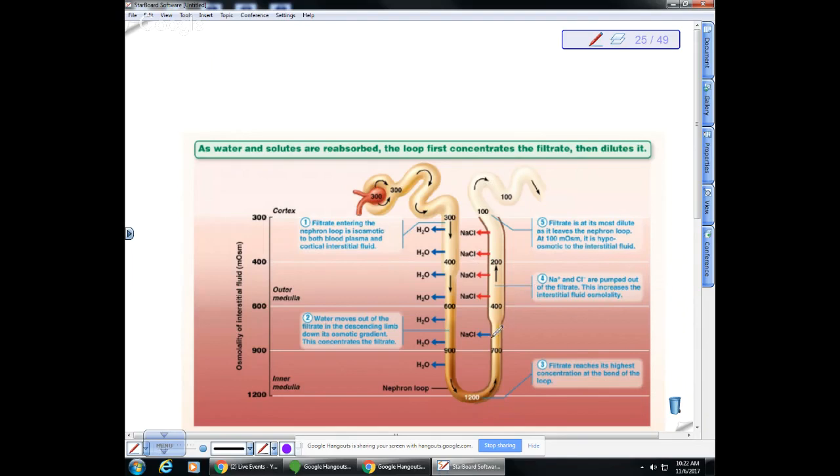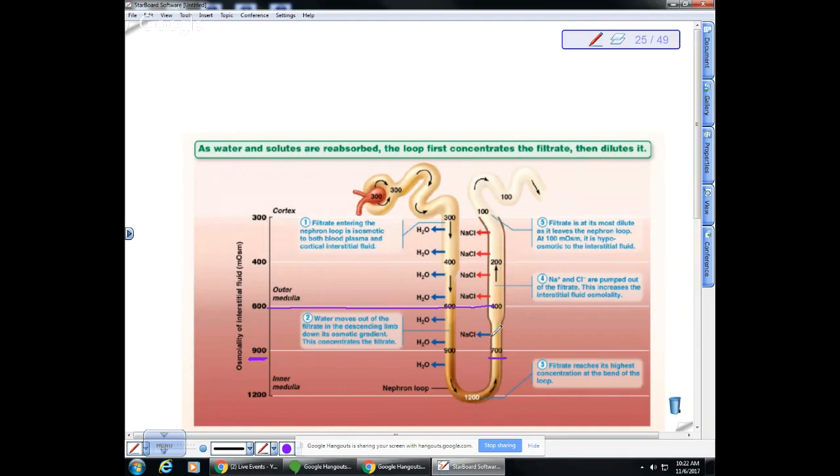Yeah, so when it gets up to here, notice that in the medulla it's at 600, is that right? So it's less concentrated here. Here, it should be more concentrated on the outside. The inside is 700 and the outside is 900.